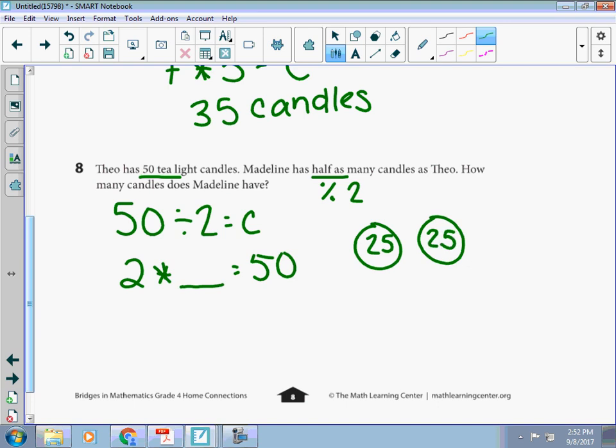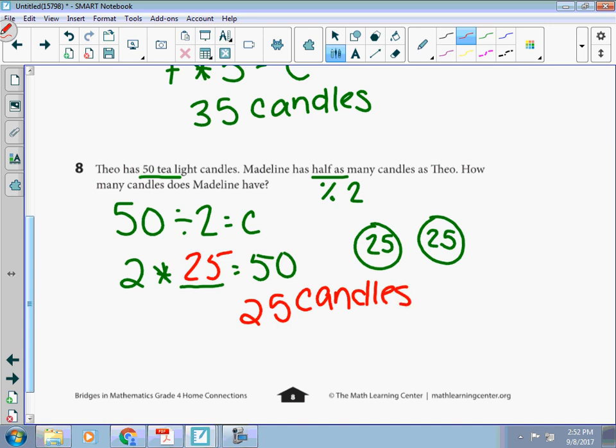So that must mean that 50 divided by 2 is 25, or 2 times 25 equals 50. So Madeline will have 25 candles. And sometimes I like using money to reference when it comes to the 25, the 50, or the dollar, or the 100, because it's a good reference point.